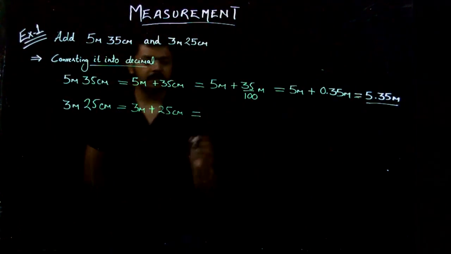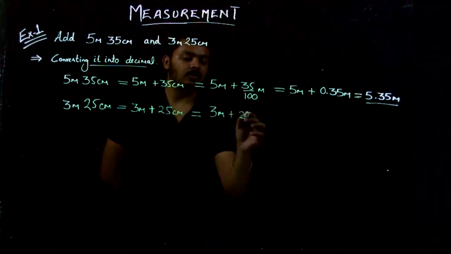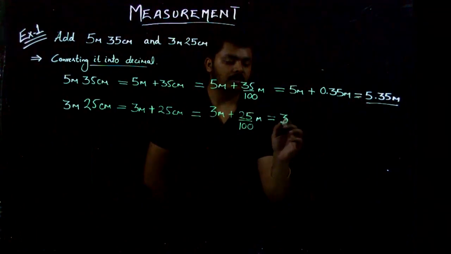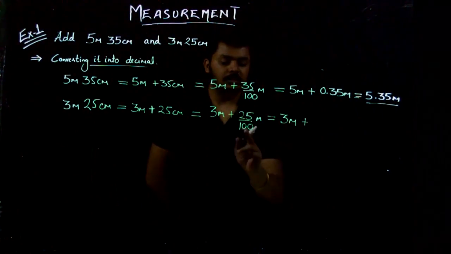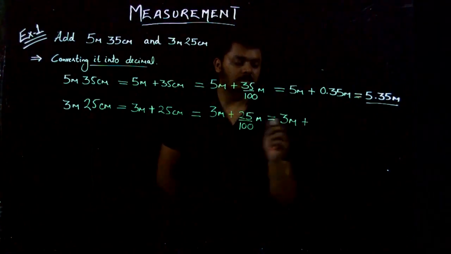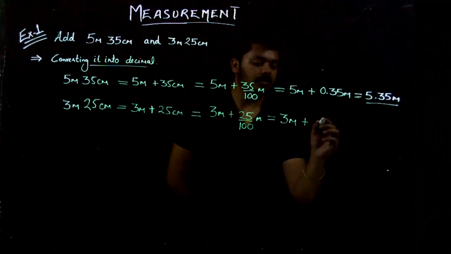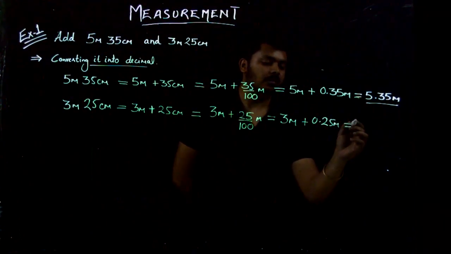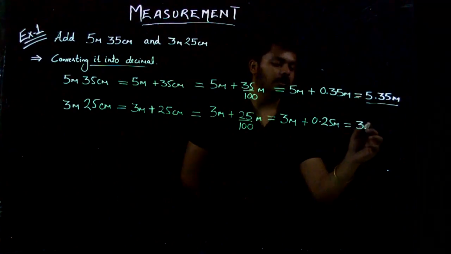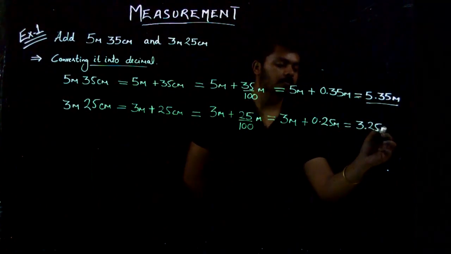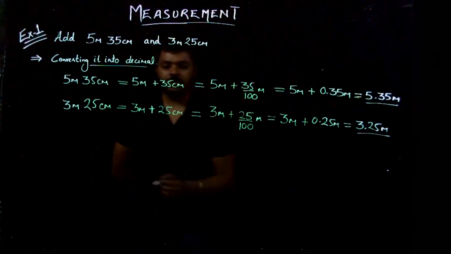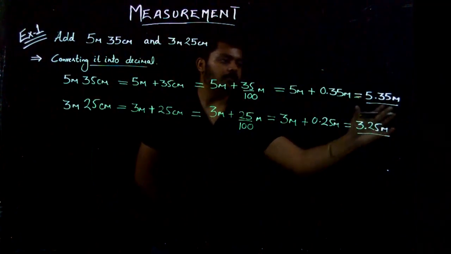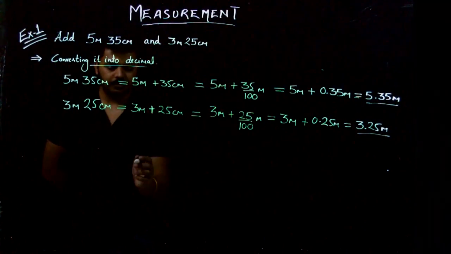Now converting centimeter to meter, divide by 100. 3 meter plus, since there are two zeros, place decimal before two digits, it becomes 0.25 meter, which is equal to 3.25 meter. Now we'll add up both the lengths 5.35 meter and 3.25 meter.